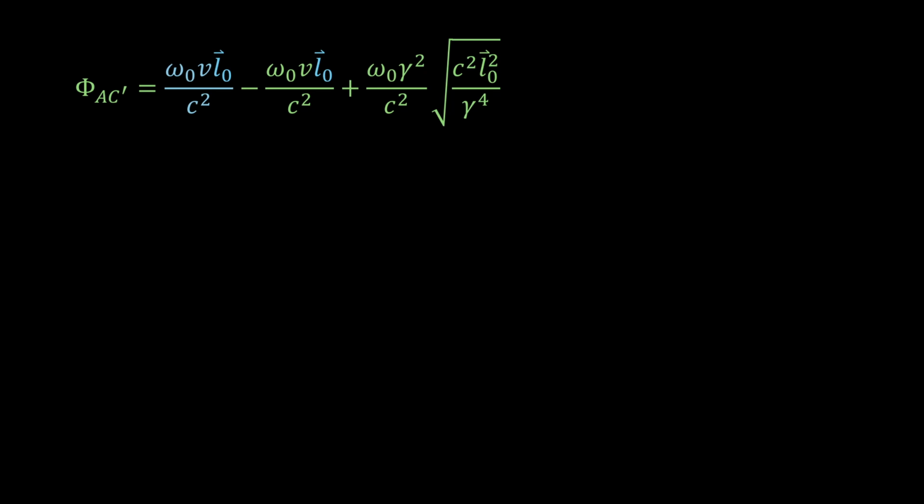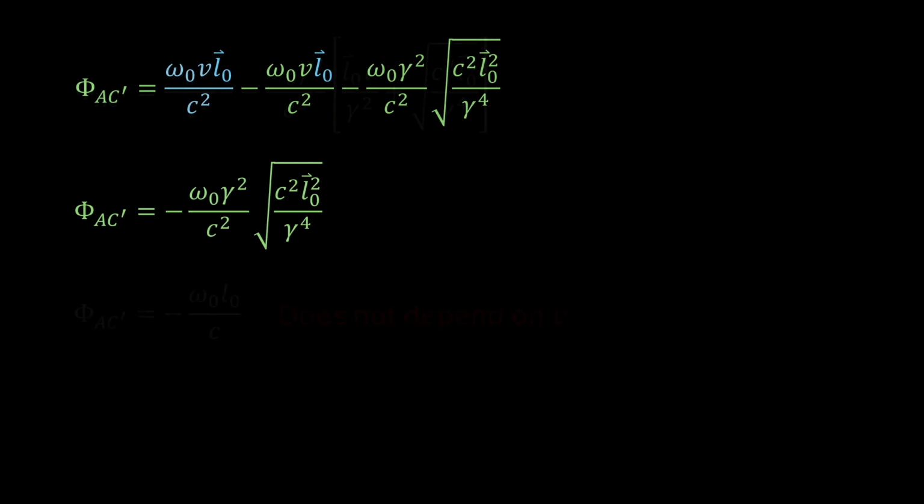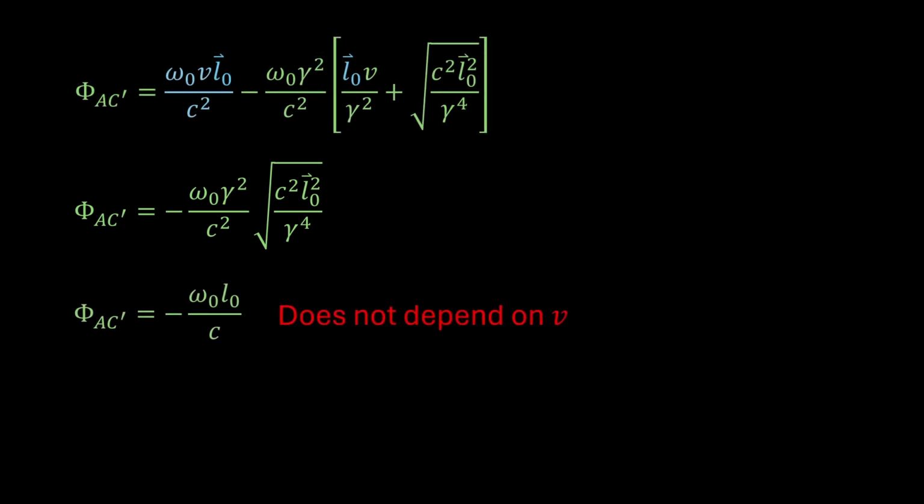We are not too worried about which root to take, because all we want to know is that the difference is not a function of v or gamma, which is of course also a function of v. And we see that this is indeed the case, because the gamma term now cancels. So the phase difference does not depend on v, which is exactly the condition for phase harmony.